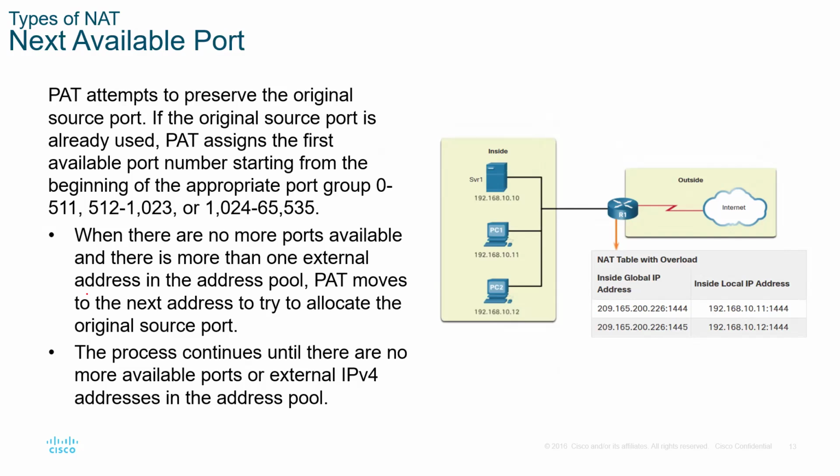When there are no more ports available and there is more than one external address in the address pool, it moves to the next address to allocate the original source port. The process continues until there are no available ports or external IPv4 addresses in the pool.